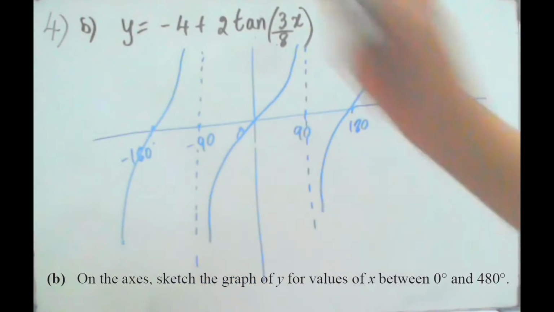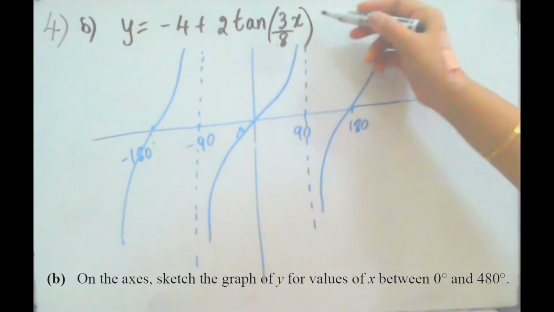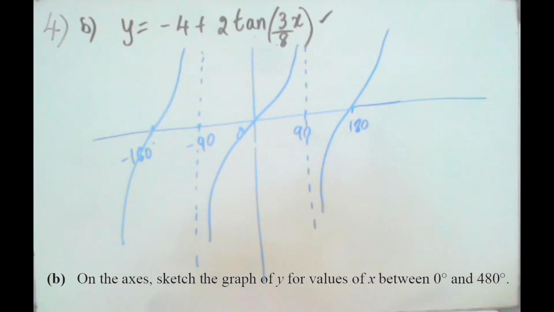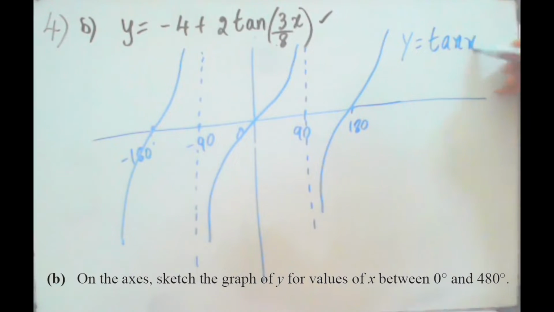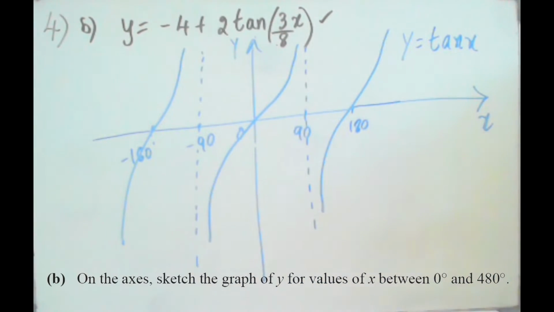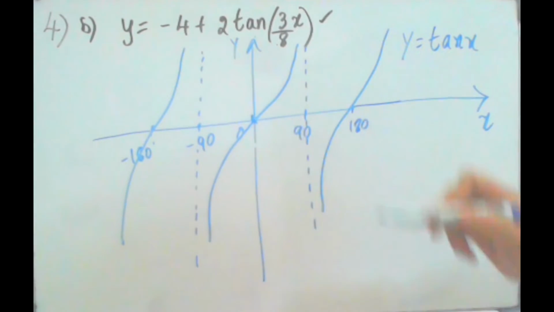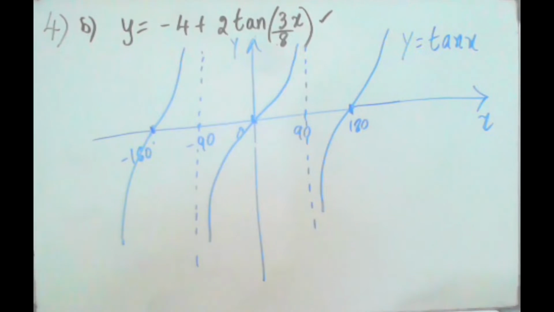For 4b, the equation after substituting the a and b values looks like this. Now if we plot a simple function y equal to tan x, the graph would look like this. This is 0 degrees, this is 180, and this point is -180.